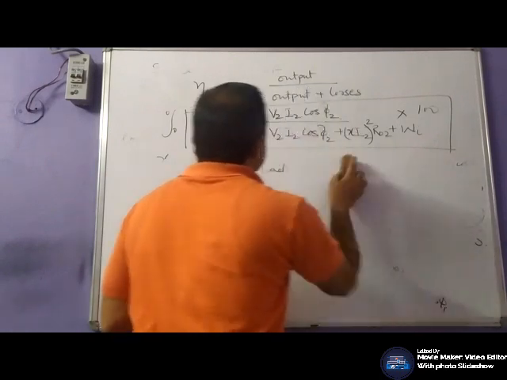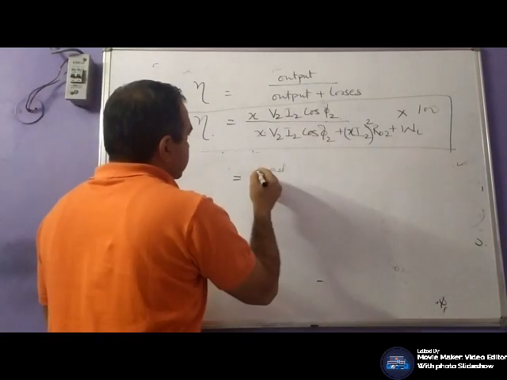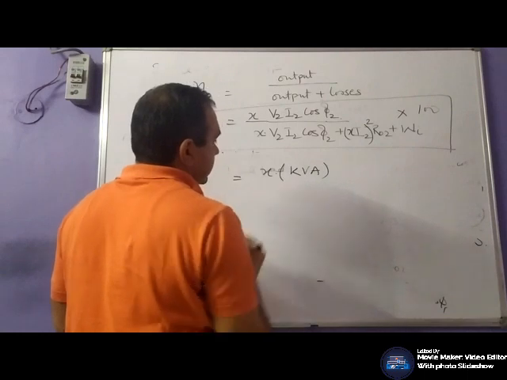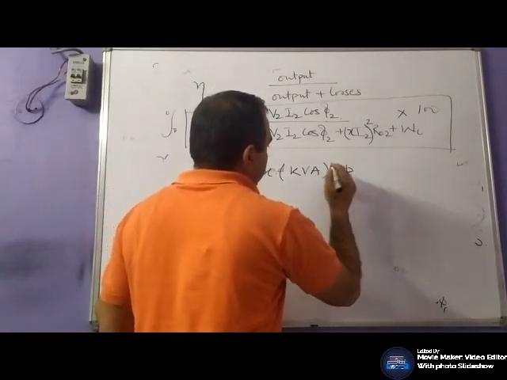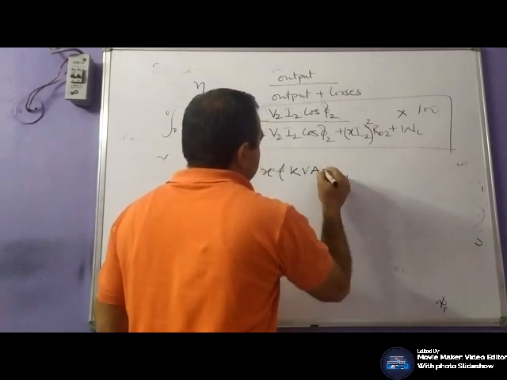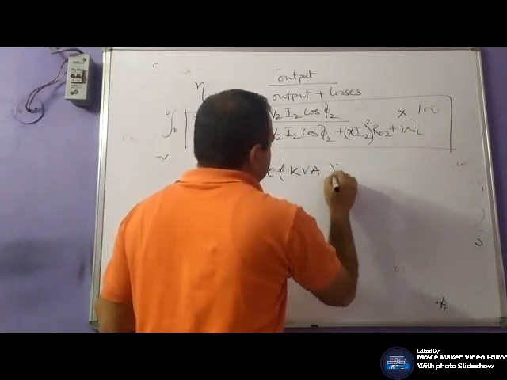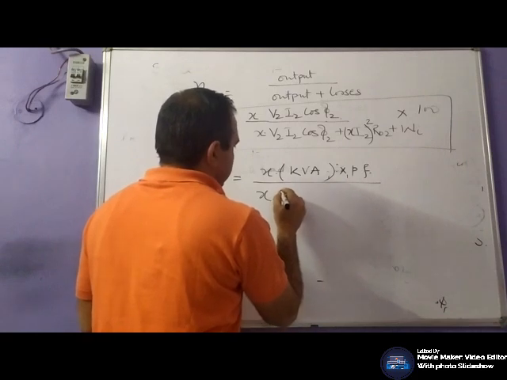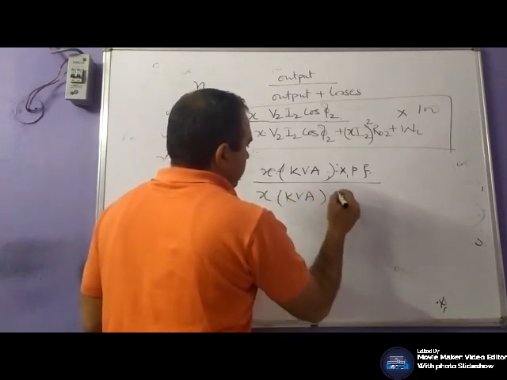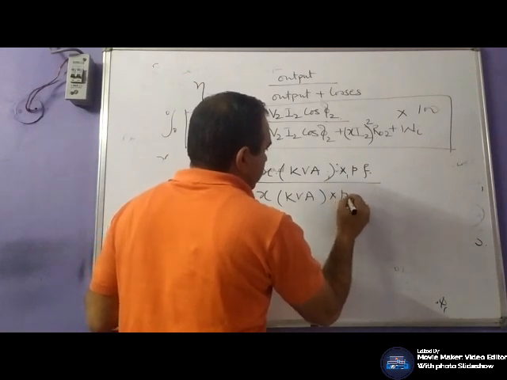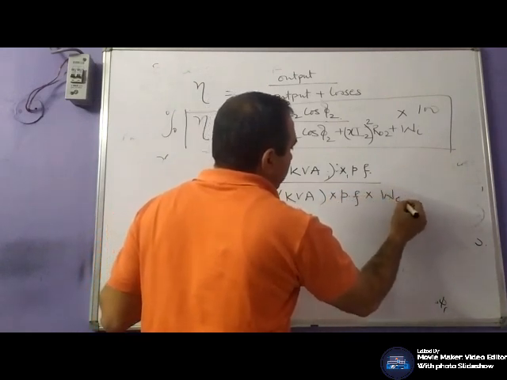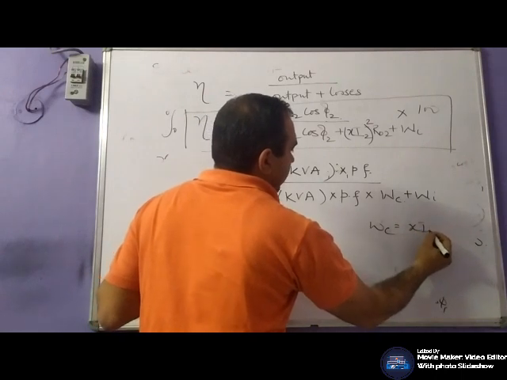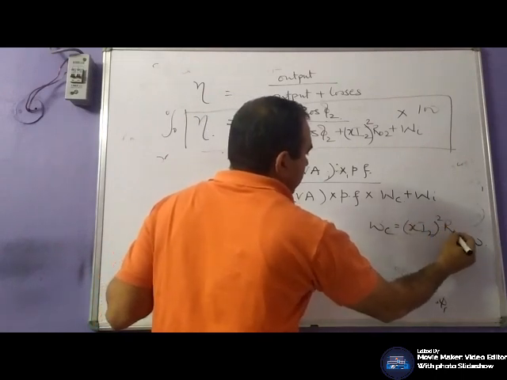Or this can be further represented as X kVA into power factor, divided by X kVA into power factor plus copper losses plus iron losses, where copper losses are X square I2 square R naught 2.